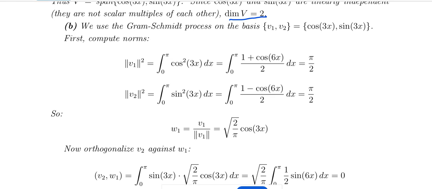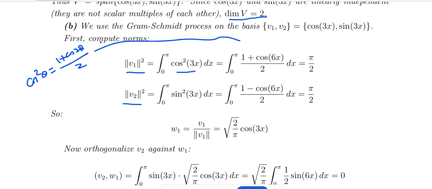Now take v1, v2 and find norm of v1 square, norm of v2 square. Integral of cos square 3x, by the definition, from 0 to pi. What is the formula? Cos square theta equal to 1 plus cos 2 theta whole divided by 2. If you apply this here, it is 1 plus cos 6x whole divided by 2.